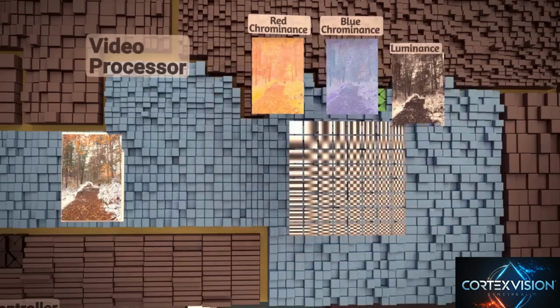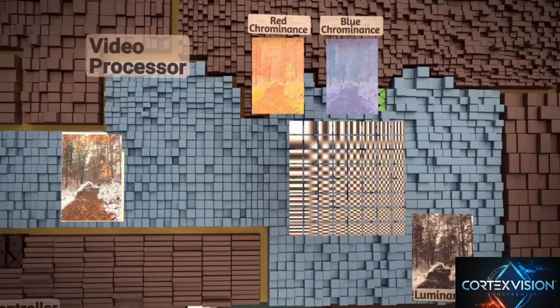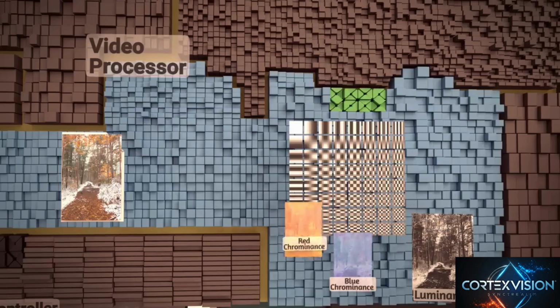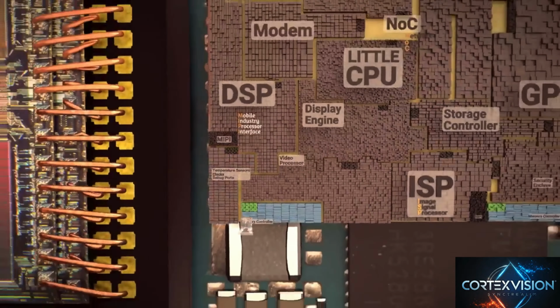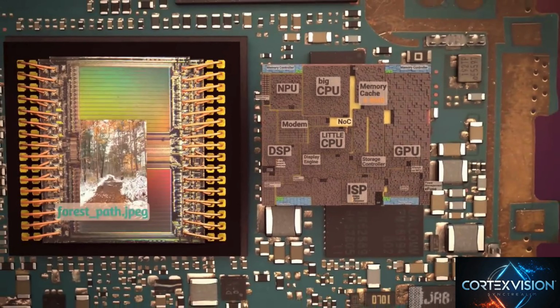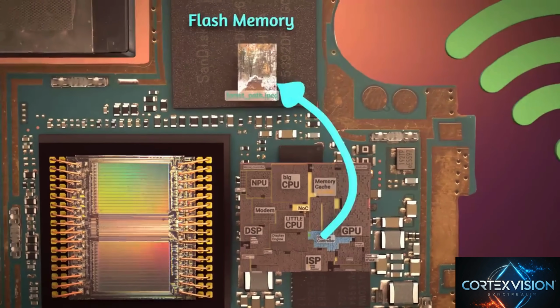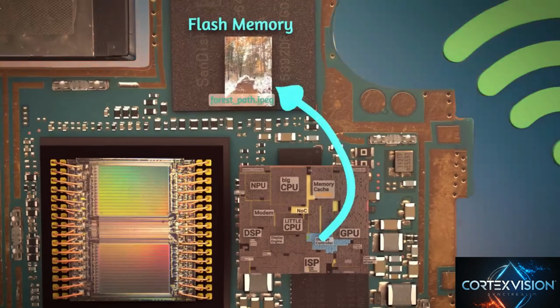Next, this data undergoes a series of algorithms in order to remove information that is undetectable to the human eye and compresses the image into approximately a 3 megabyte JPEG format. This compressed image is sent back to the DRAM and then routed to the smartphone's flash memory for long-term storage.